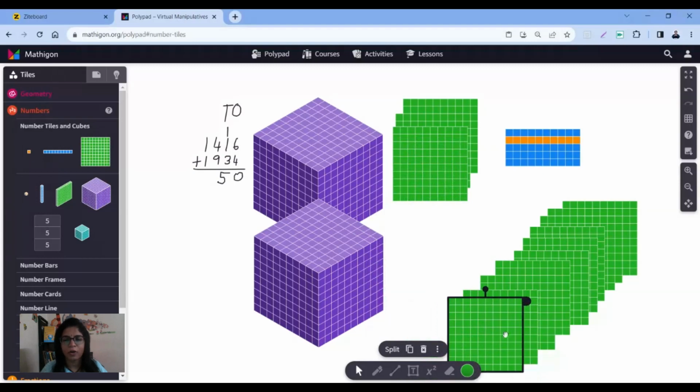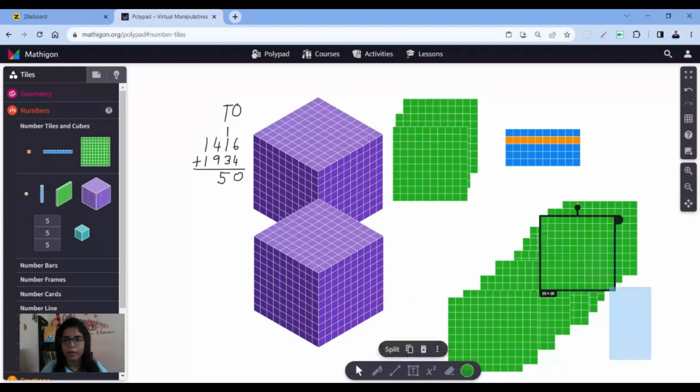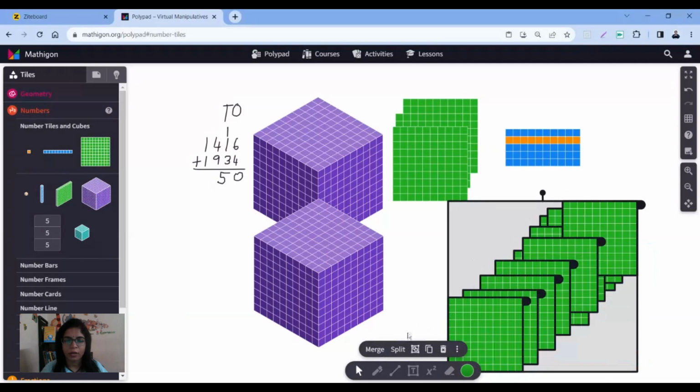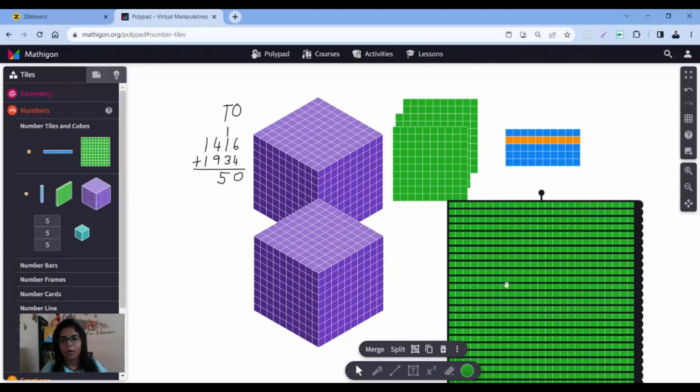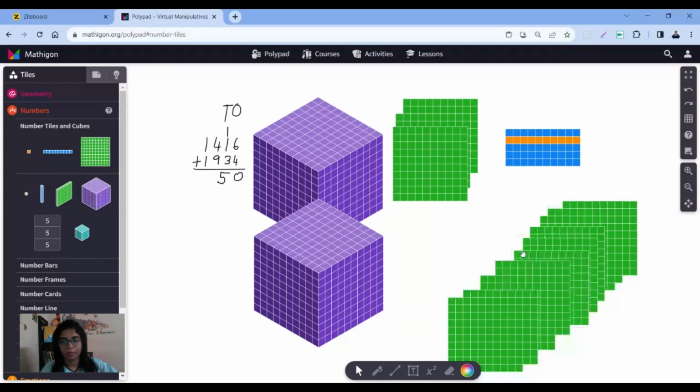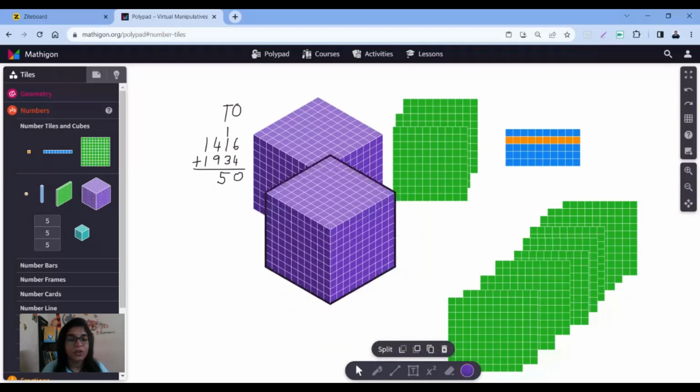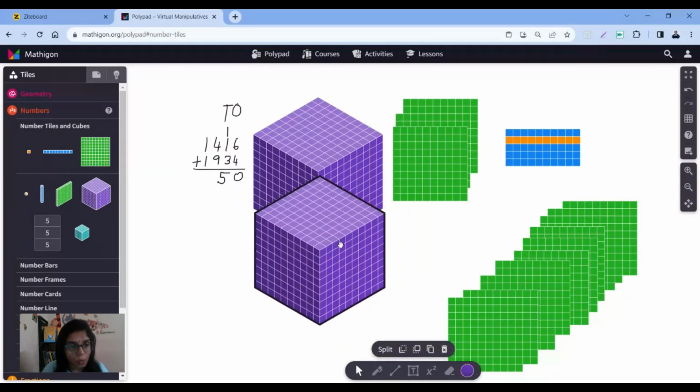Okay, we are joining all of them together, of course. What is happening? What is happening is this 10 such hundreds together form this kind of a cube.